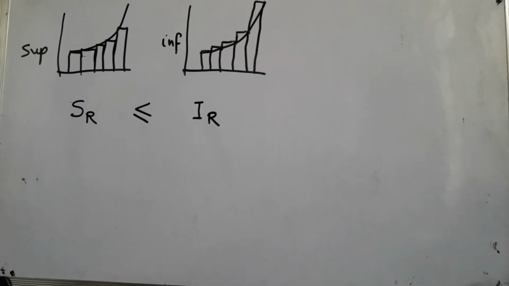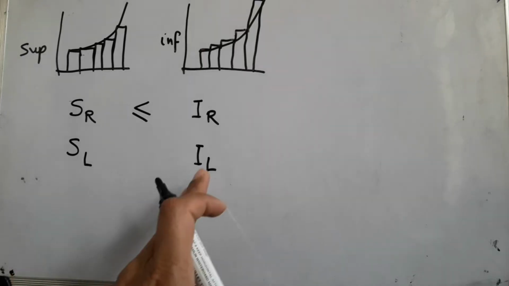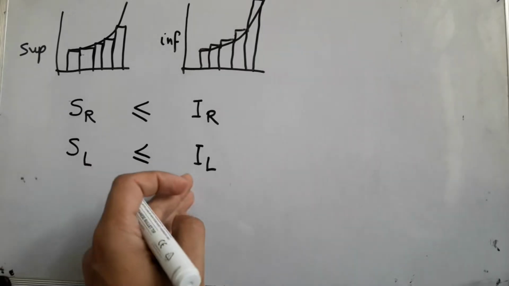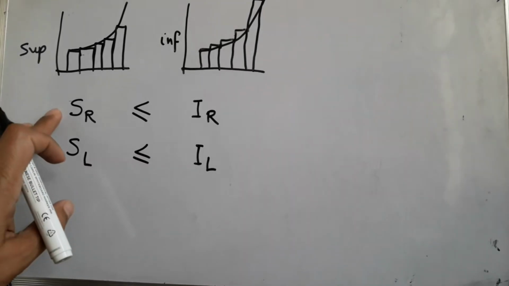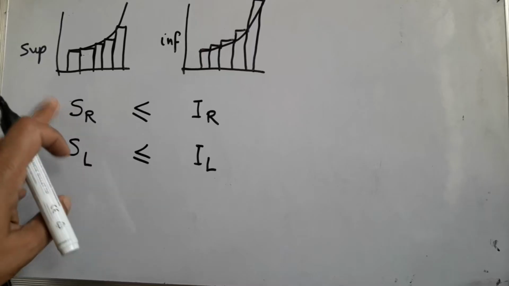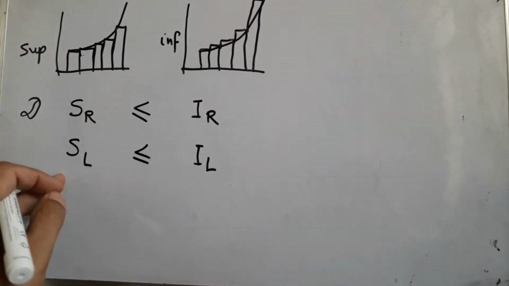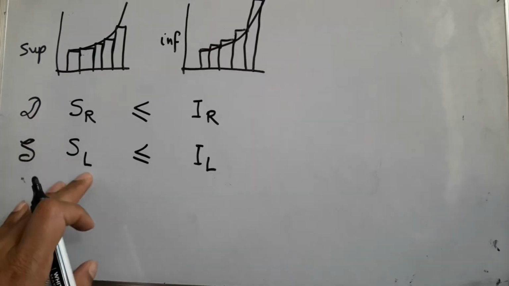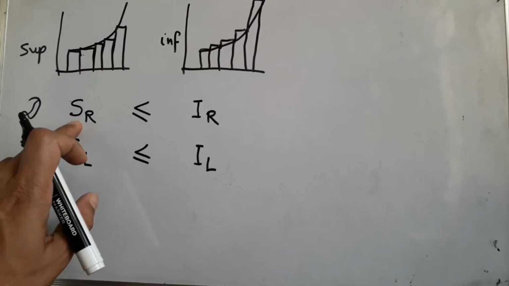Now in case of Lebesgue, I shall call the corresponding sup and inf S_L and I_L. Again, by the same reason, I have S_L less than or equal to I_L. However, observe that S_R is the supremum taken over everything in script T, whereas this is supremum taken over script S. Since this is a larger set, this supremum must be greater than or equal to this supremum.